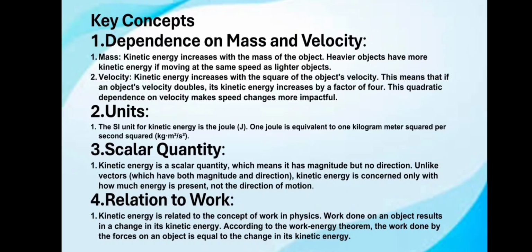Unlike vectors, which have both magnitude and direction, kinetic energy is concerned only with how much energy is present, not the direction of motion. So by this we understand the kinetic energy is not dependent on the direction of the motion. It depends on how much energy is present in the object. Like it depends on its magnitude but has no direction. You have just read it before.